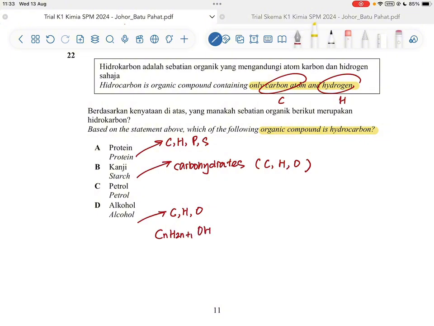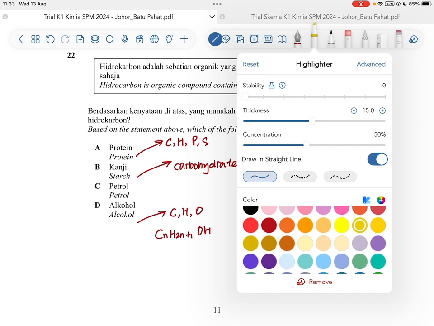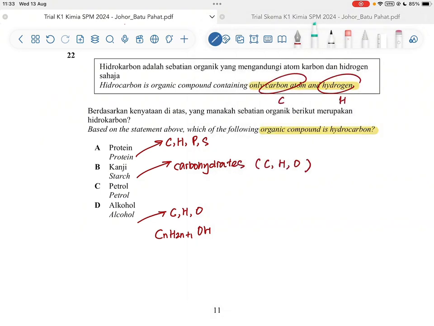Since they consist of elements other than C and H, the answer would be C, petrol. For your information, petrol is also a type of alkane.